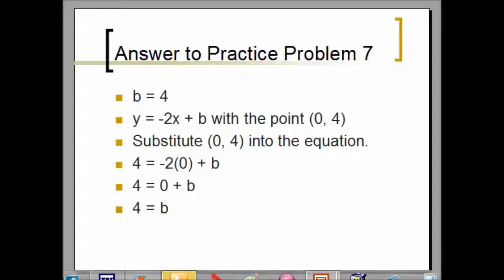We replace y with 4 and x with 0. This gives us 4 equals negative 2 times 0 plus b, or 4 equals 0 plus b, therefore 4 equals b. This concludes our section on the slope-intercept form.